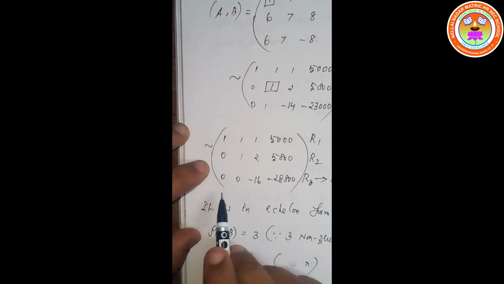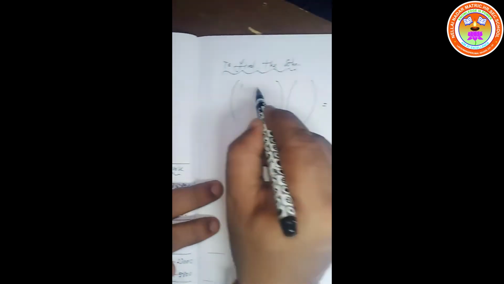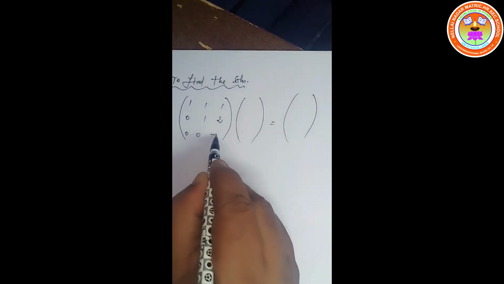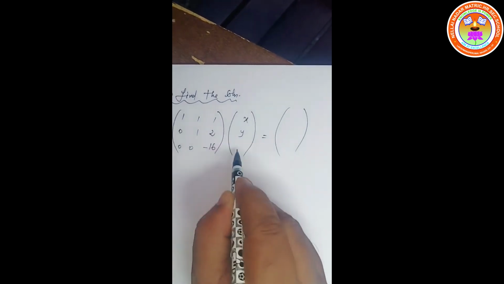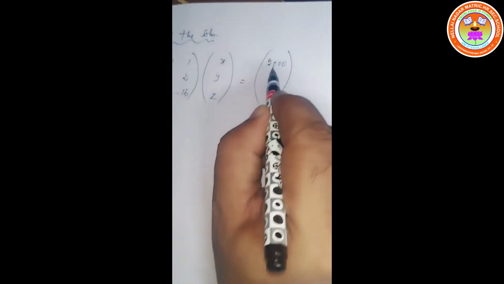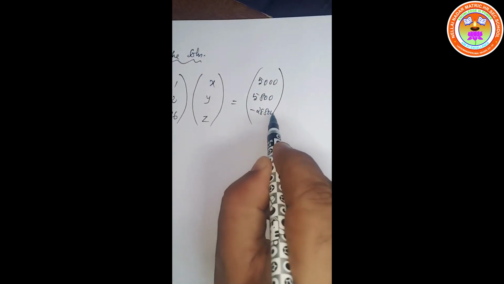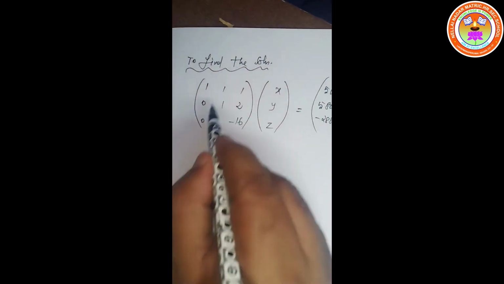Here is the last equivalent matrix: 1 1 1, 0 1 2, 0 0 minus 16. Here as usual x y z. Here you have the B matrix, last column: 5,000, 5,800 and minus 28,800. Now we can multiply.